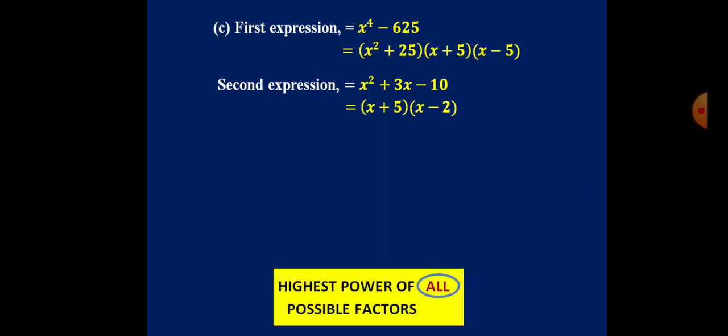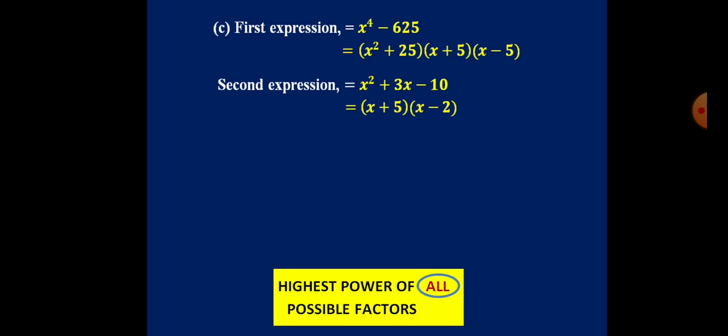The product of the highest power of all possible factors is your LCM. Here the factors need not be common. In the first expression, the first factor is x squared plus 25. Well, x squared plus 25 is absent in the second expression, but it does not matter whether it is present or absent. We need to take it.